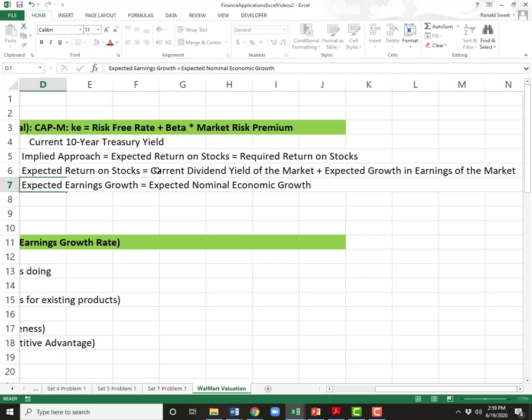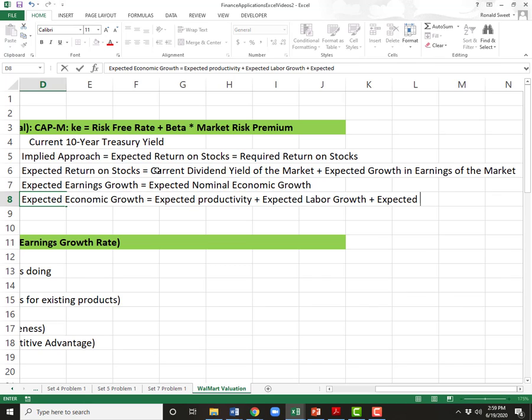But for our purposes here, just to get through what you need to do for your team case, I'm going to shorten this a little bit, and we'll get into more details in the presentations. So expected economic growth should equal expected productivity, the most important part of growth, plus expected labor growth, plus expected inflation.